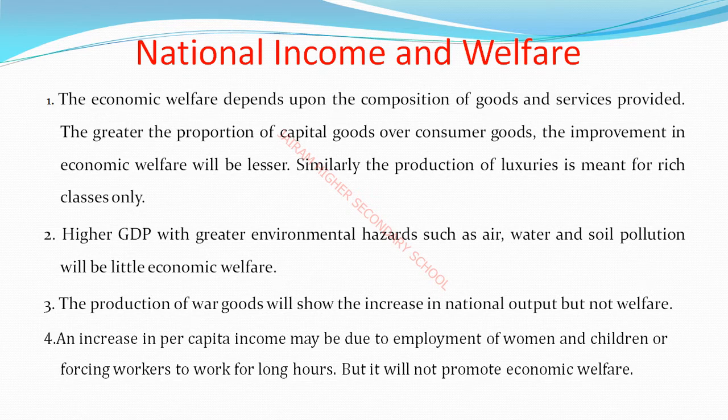Children below 14 years working in a factory is restricted by the government as a child labor offense. But when someone engages them to produce goods and services, the per capita income is also high.